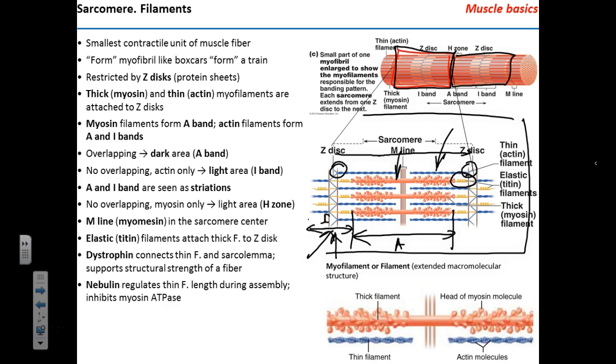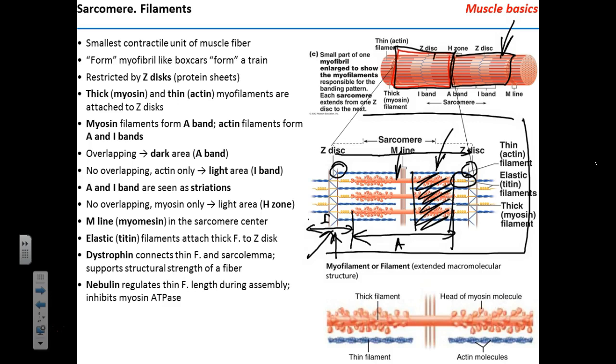Now let's stop for a second and just look at the picture. So this part here, the filaments overlap. Does that make sense? Can you see them overlapping? Since they are overlapping, that part of the sarcomere is going to be darker. You can see it right here. Do you see that?